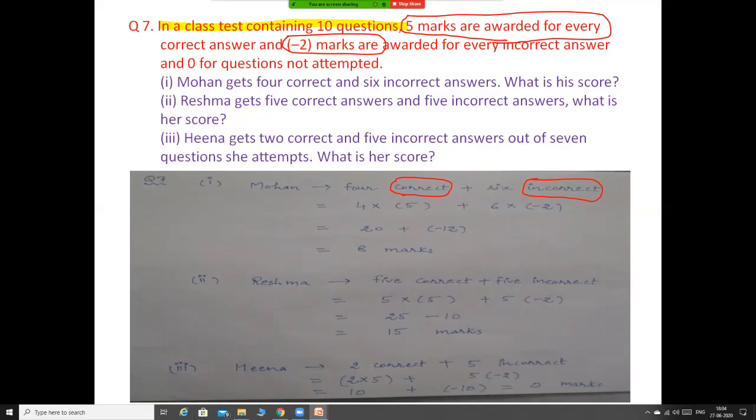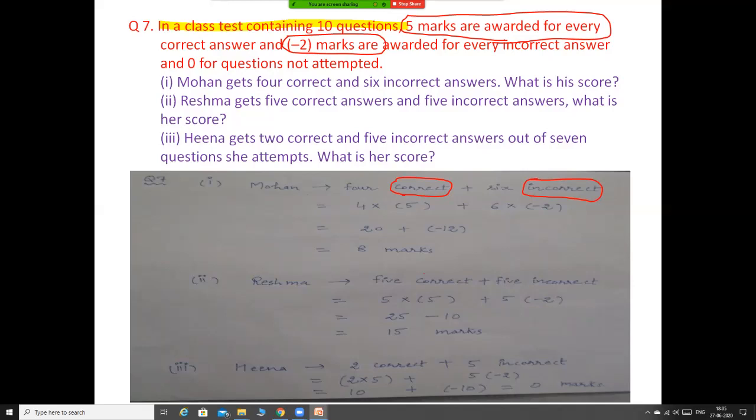So 4 into 5 plus 6 into minus 2. 4 into 5 equals 20. 6 into minus 2 equals minus 12. And their sum is 8 marks. Reshma gets 5 correct answers and 5 incorrect answers. What is her score?